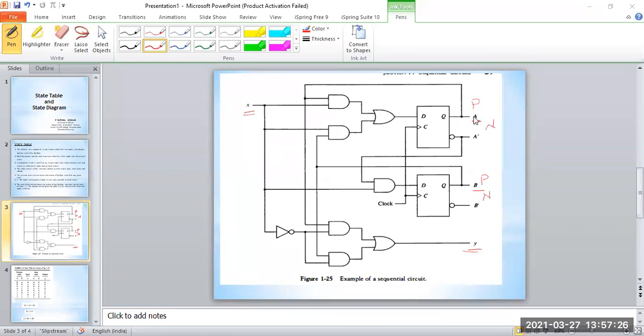The present state is the current value of A, that means the present value of A, which can be 0 or 1.